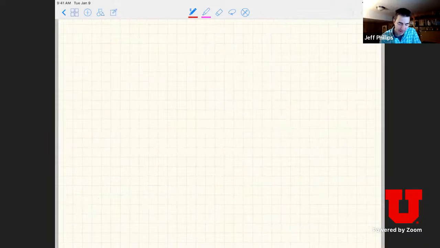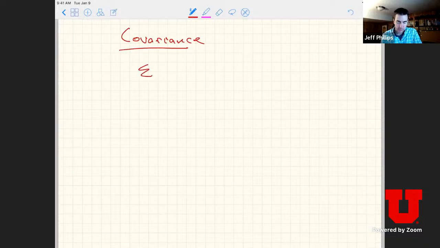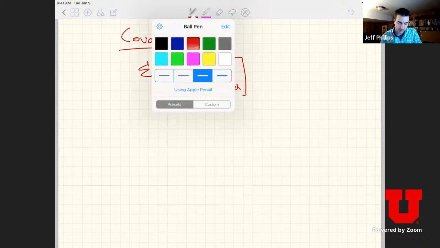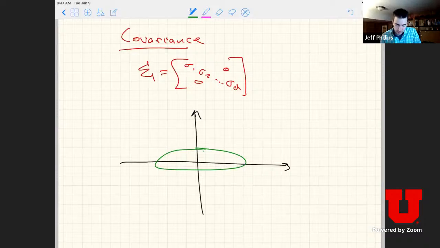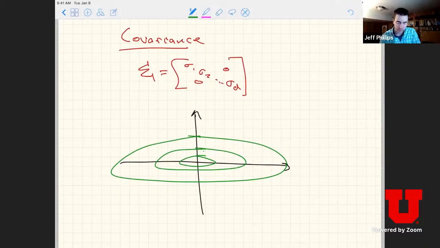So if my covariance equals sigma 1, sigma 2, sigma d, with zeros elsewhere, then the Gaussians I'm going to consider are elliptical shapes, stretched particularly along the axes.